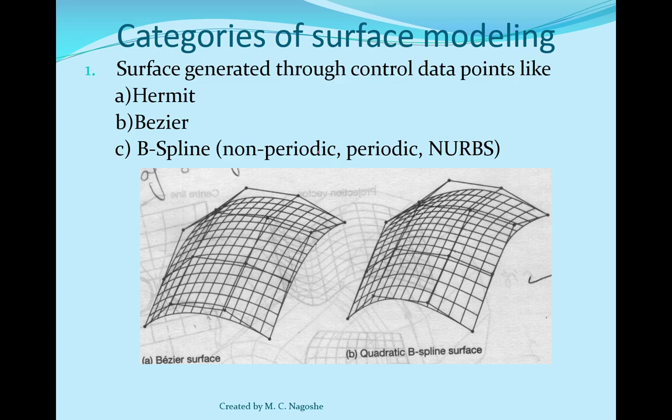A star U B: this star represents regularization. It performs the operation only if it generates a valid solid. The significance of the star is the existence of the Euler formula. If the star is not there, it's just a simple operation. So this is the union operation, A union B, and the star represents that I am validating the solid model. If I do that, I get this, and it is a valid solid.